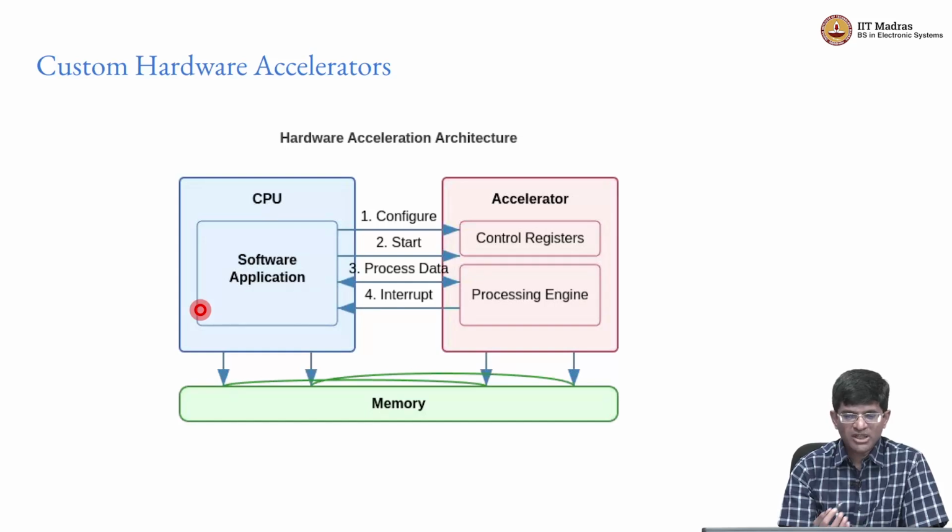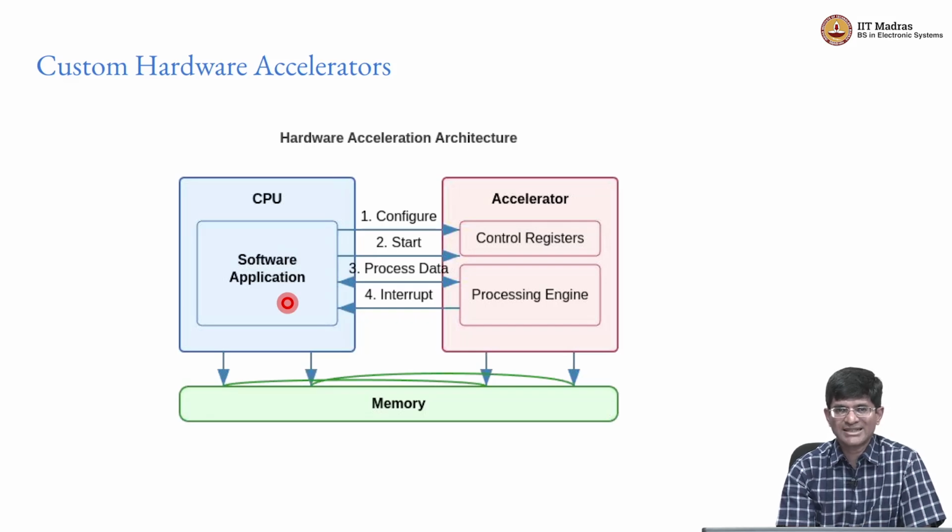So the common structure where this kind of thing is used is in the notion of what's called a hardware accelerator. So what does a hardware accelerator do? The idea is that you already have a CPU that's running some software, and you have identified some function or functionality within that software that is running too slow on the CPU.